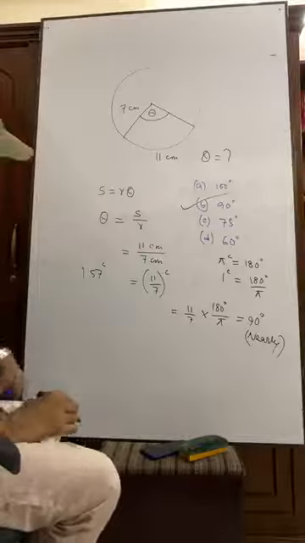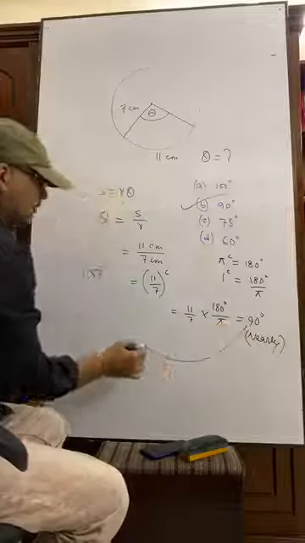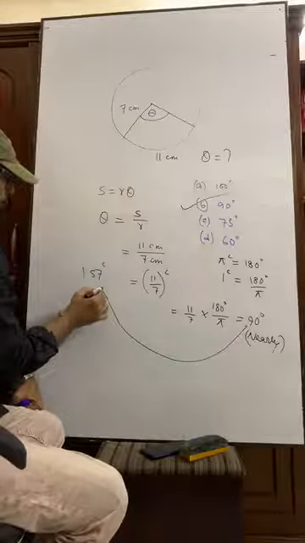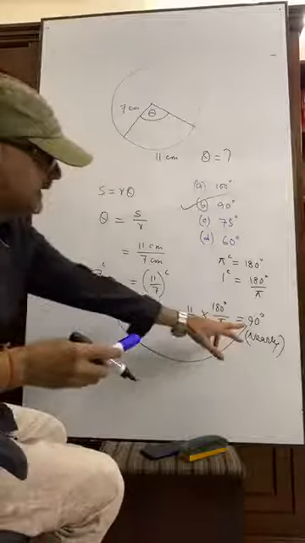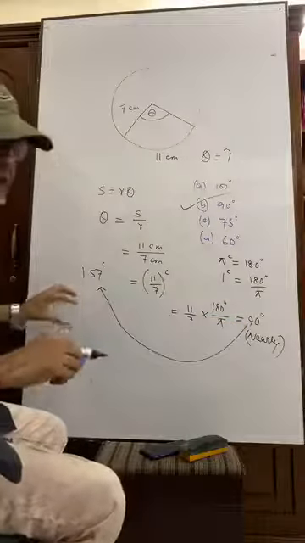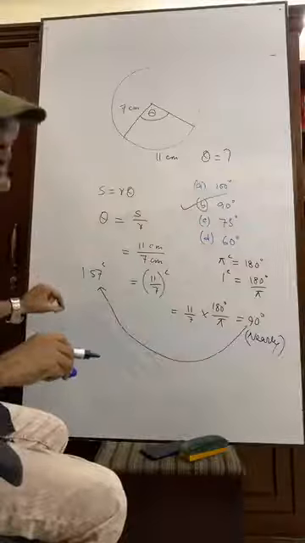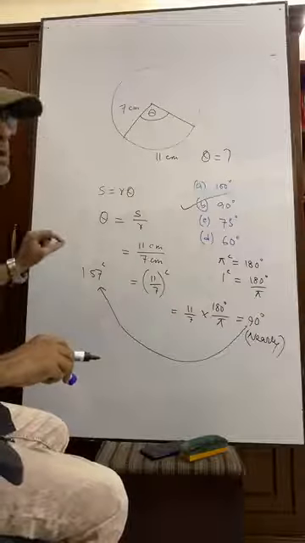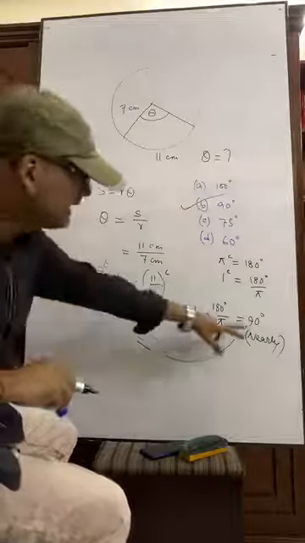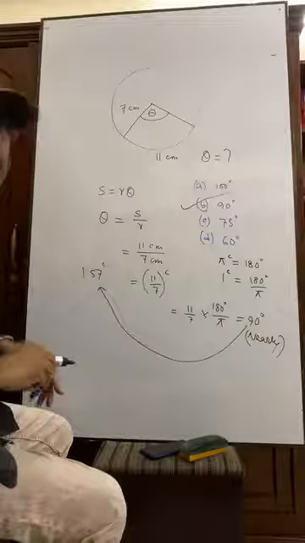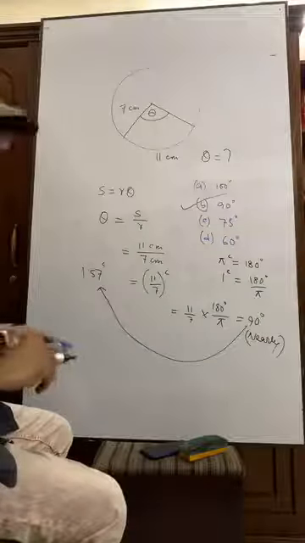That means one right angle equals to 1.57 radian.